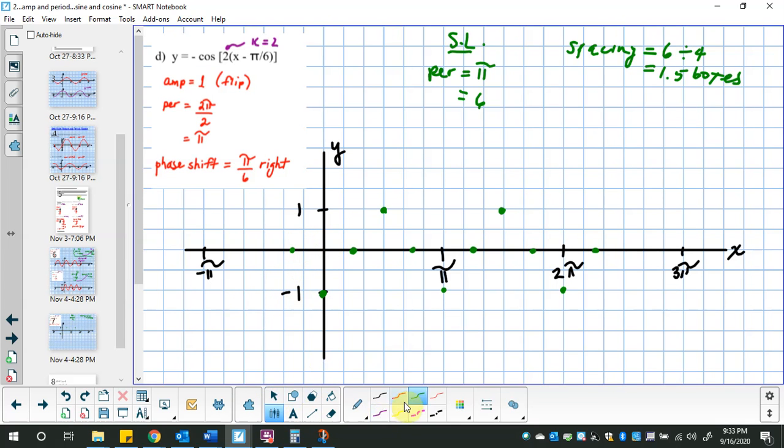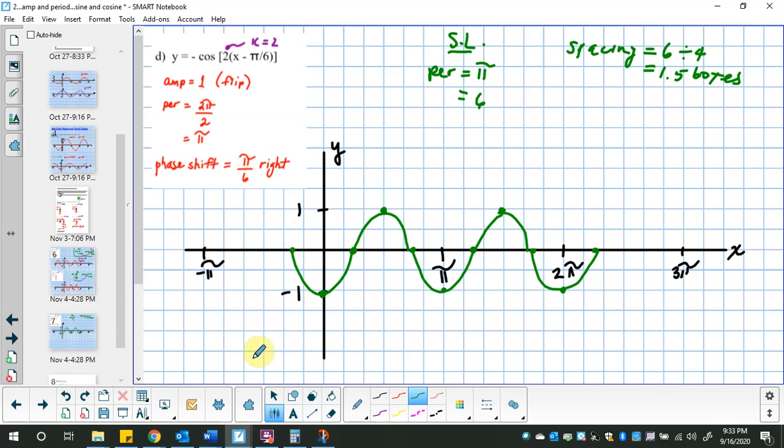If you want to, you can connect these dots. But the thing is, this isn't our final curve, and the reason it isn't is because we haven't taken a look at the phase shift yet. So we haven't moved this picture pi over 6 to the right. So I have to worry about that before I do anything.